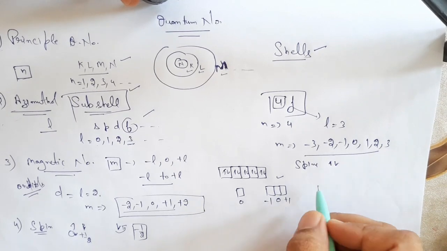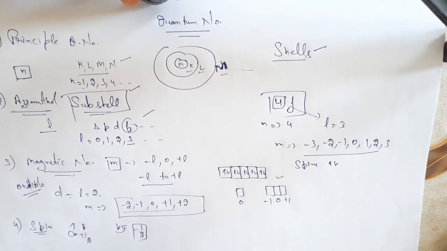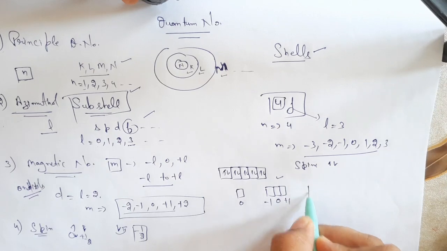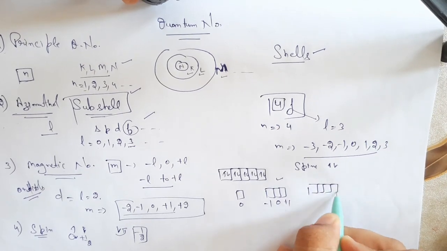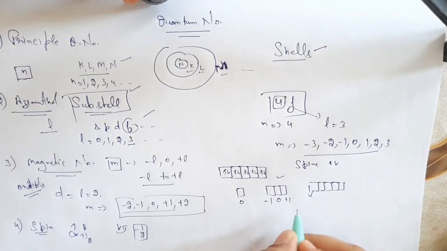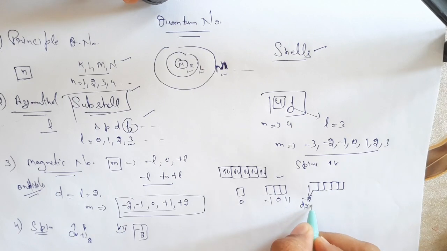Now, I will explain the various types of structures which can be seen. In a d orbital, we have various structures as follows: first degenerate state, second, third, fourth and fifth. For the first degenerate state, that is minus 2, we have dxy.